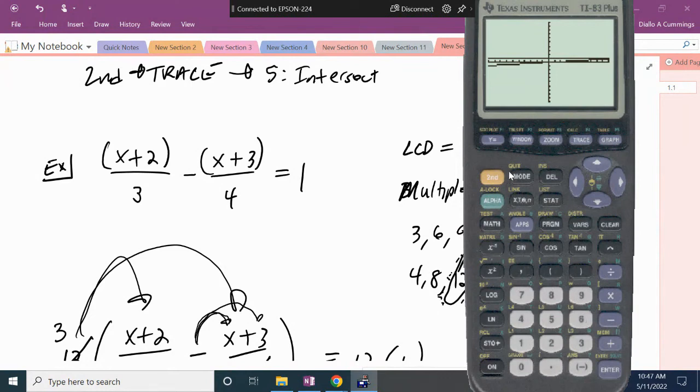So keep in mind that this thing is only going out to negative 10 and positive 10. So I'm going to go back into Zoom, and I'm going to scroll down to 0. So Zoom 0 is Zoom Fit. That means it'll actually fit the graph to our screen.